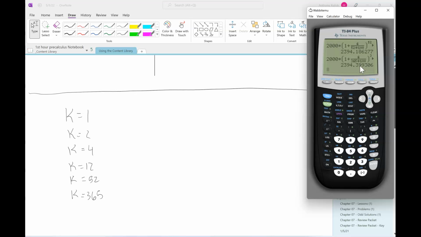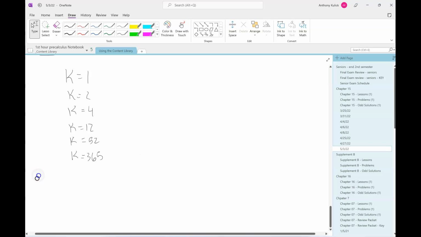It gets bigger and bigger, but it can only do so much. So that's not a great indicator of how good of a deal you're getting.